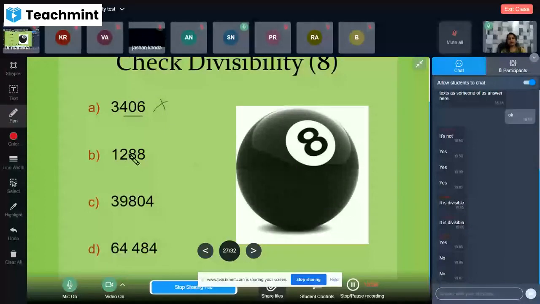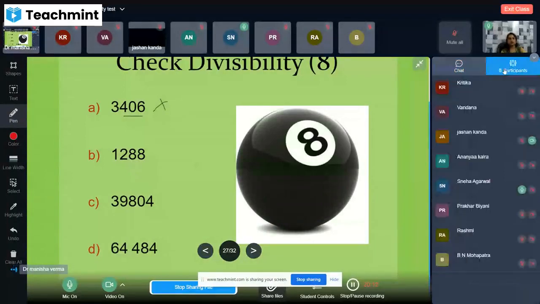Is it done? Okay, let's move further. Ananya, is that clear? Jashan, is that clear? Yes, ma'am. Kritika, clear?